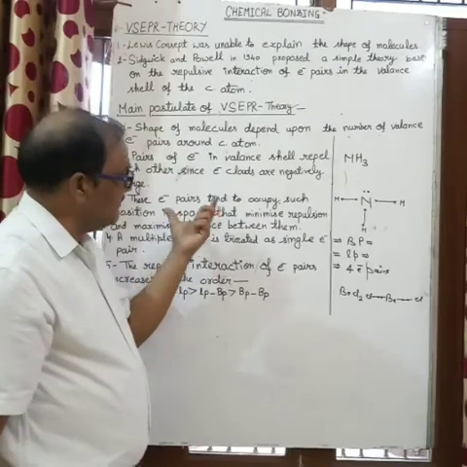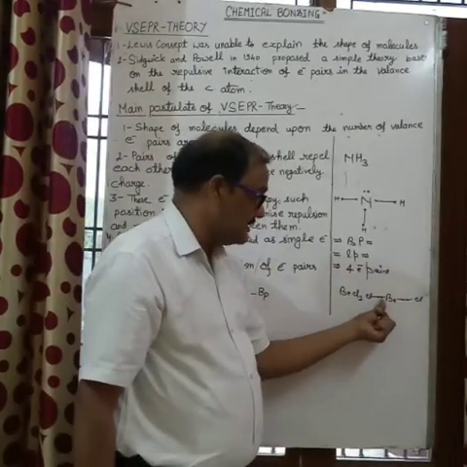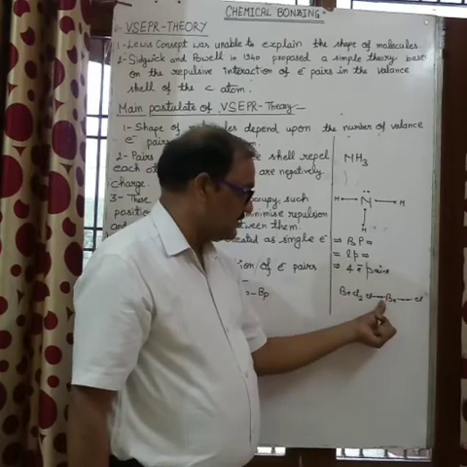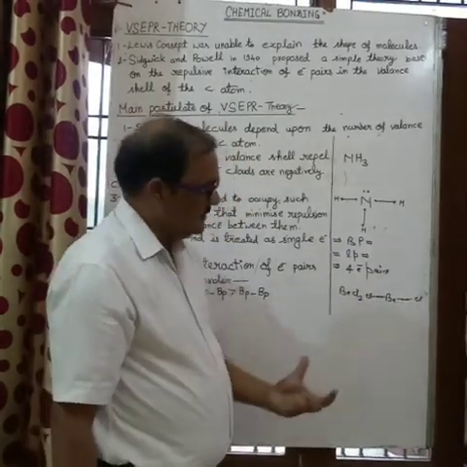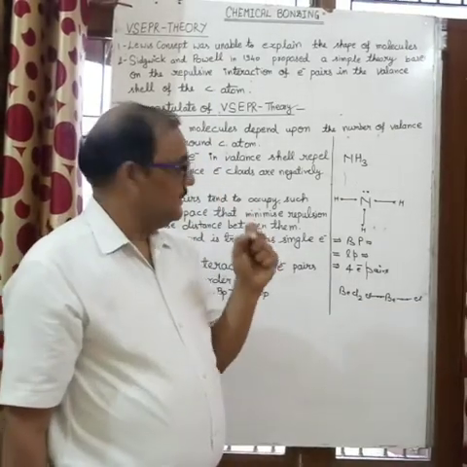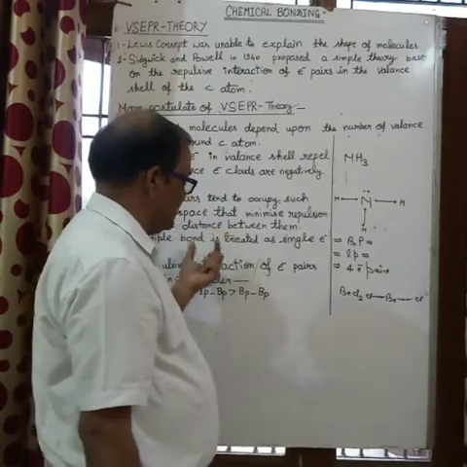It means if two pairs of electrons are present, then in which condition do they have the minimum repulsion and maximum distance?